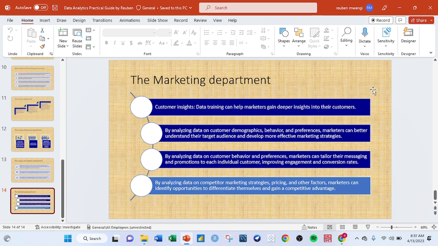So by analyzing data on customer demographics, behavior, and preferences, marketers can better understand their target audience and develop more efficient marketing strategies. You can even identify your target audience. For example, in this case we talk of demography or even age demographics.